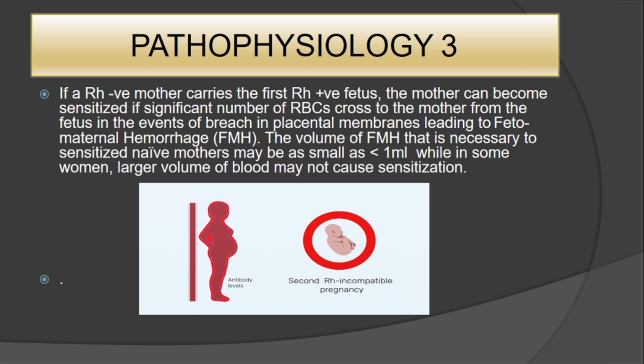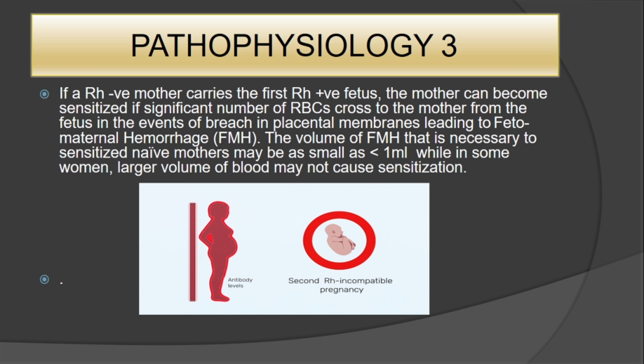Now, let us look at a scenario where the mother that is RH negative carries a fetus that is RH positive for the first time. The mother may become sensitized if a significant number of red blood cells cross from the fetus to the mother through the placenta by some event that leads to a breach in the placental membrane.